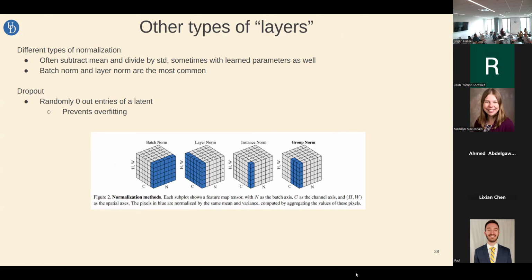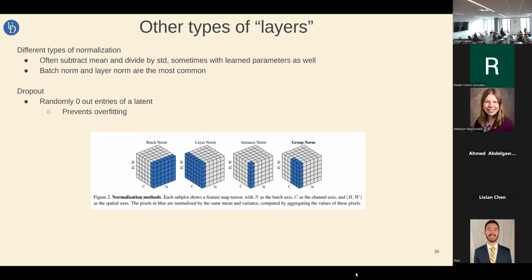Another type of layer that you'll see a lot is dropout. Dropout is an attempt to prevent a neural network from overusing neurons, under the intuition that if it uses some neurons too much, it will rely on them too much and then maybe overfit. And so what dropout does is randomly zero out some of the values of your latent variable.